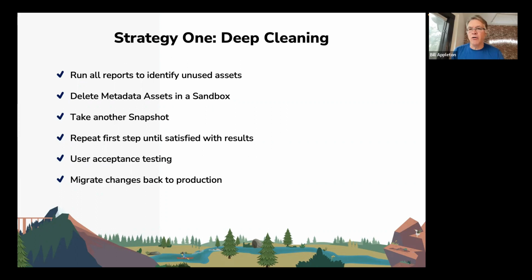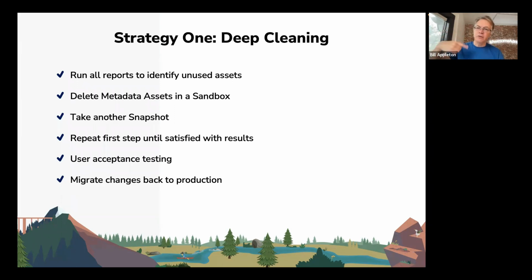That's kind of what I call deep cleaning. And so I would run all the snapshot reports on the org in a sandbox, delete all the bad stuff you find, take another snapshot, go back and look again, because sometimes when you delete one thing, now you see that something it referred to is also not being used, and it'll find those.